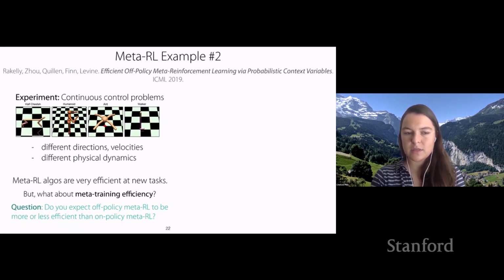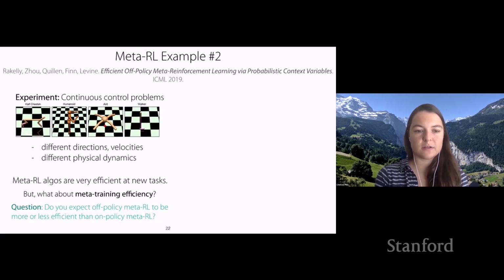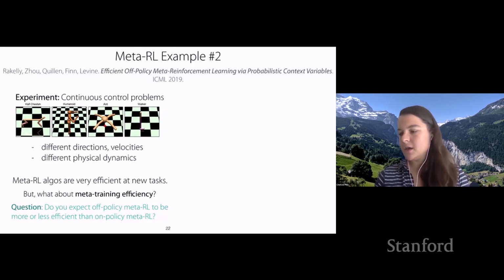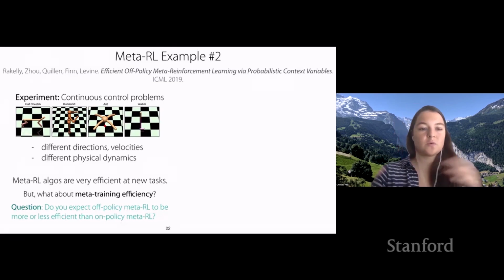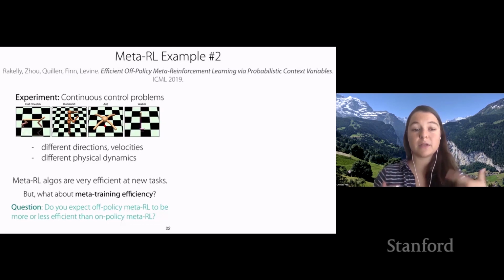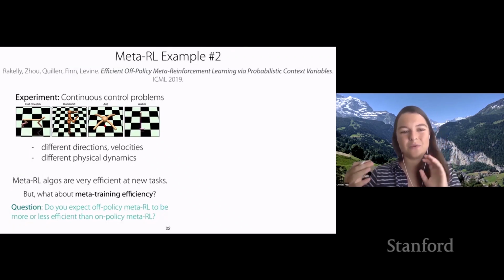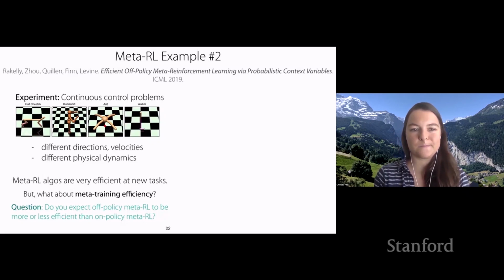The reason why off-policy meta-RL is going to be more efficient is because off-policy algorithms can store data in a replay buffer and keep on leveraging that data, whereas on-policy algorithms need to collect new data every time your policy or your meta policy changes. And if you need to collect data every time your meta policy changes, then you're not able to reuse any of your previous data, and you have to keep on collecting data each time you want to update your meta policy.